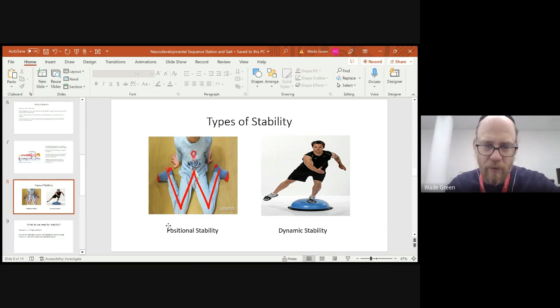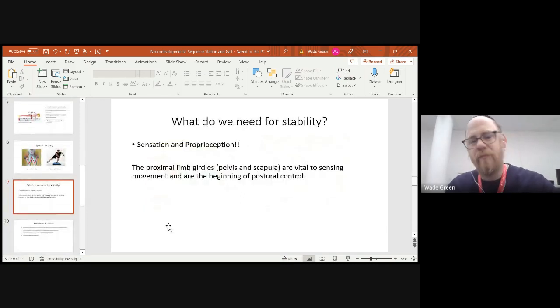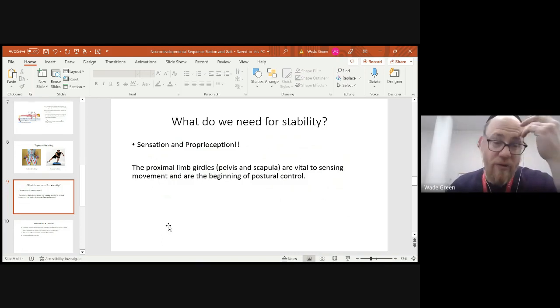So we know that for stability, sensation and proprioception are key. Do you guys remember what pathway our proprioception travels on anatomically? Who remembers the name of that tract?